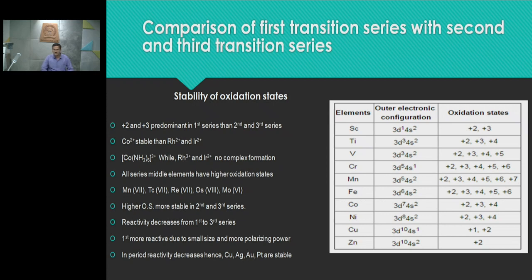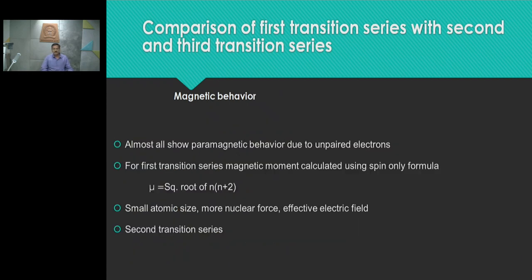Reactivity decreases from the first to the third series. Why? Because the first series is more reactive due to small size and high polarizing power. Similarly, along the period reactivity decreases, which leads to some stable elements: copper, silver, gold and platinum.